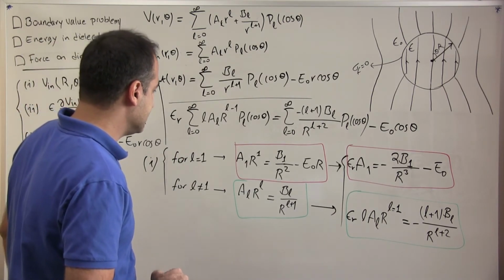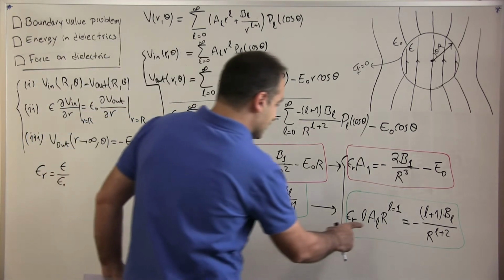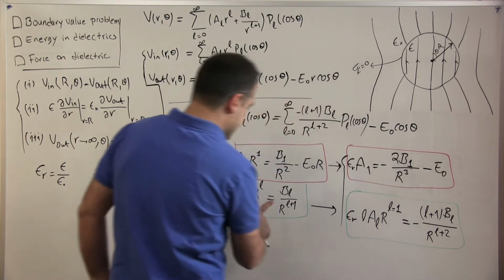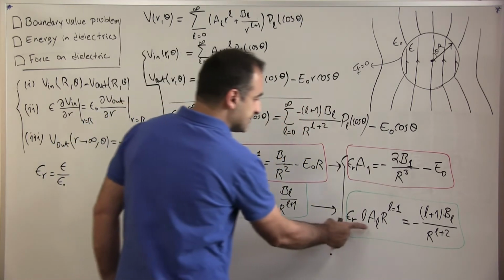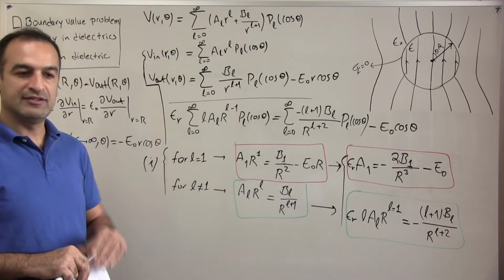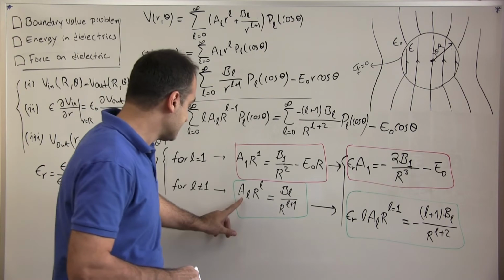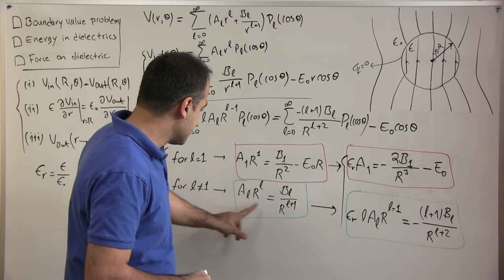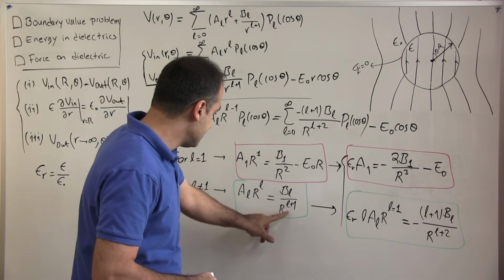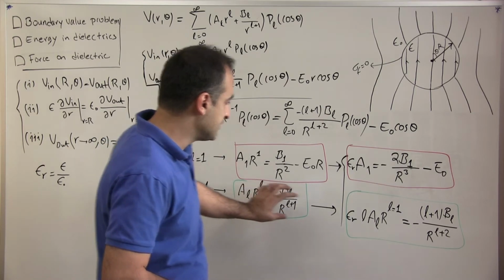What's interesting is that the only way you can satisfy this green box and this green box combined is setting AL and BL values equal to 0. The way this is set up, you can write AL in terms of BL divided by R to the power of 2L plus 1, and you sub it back here.